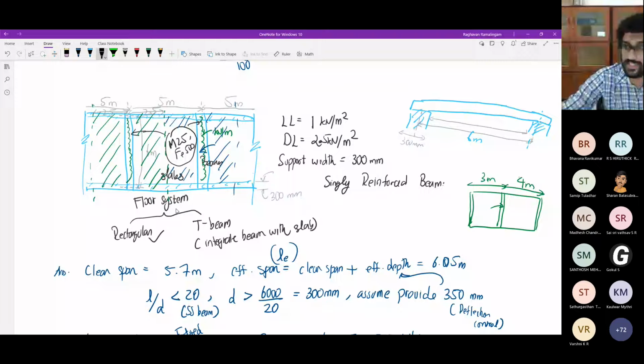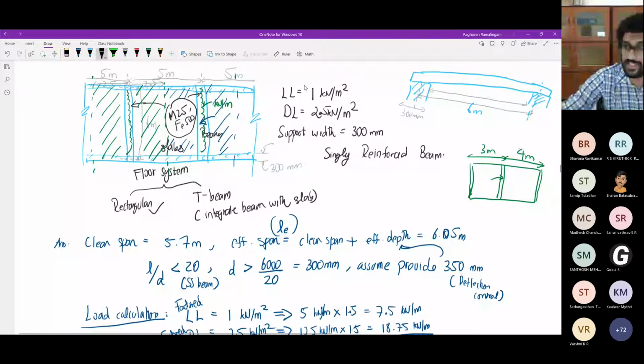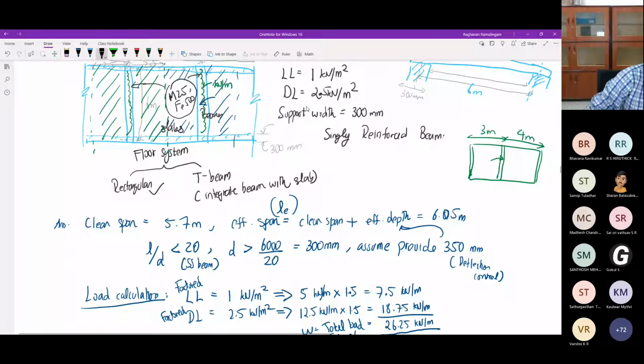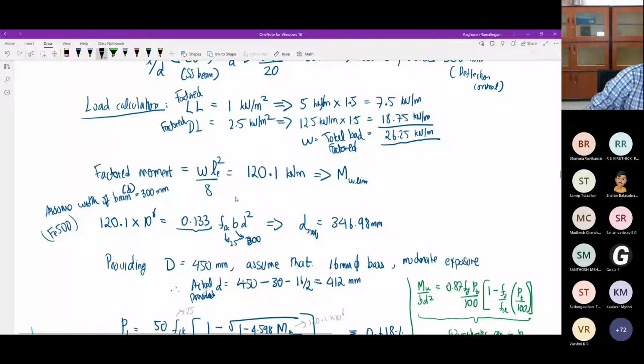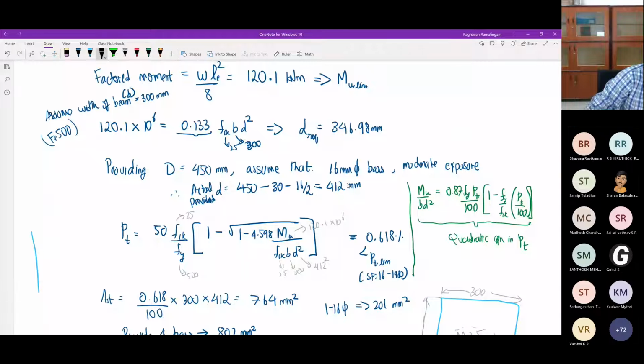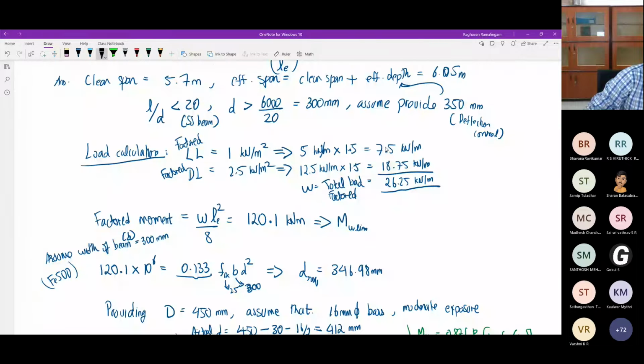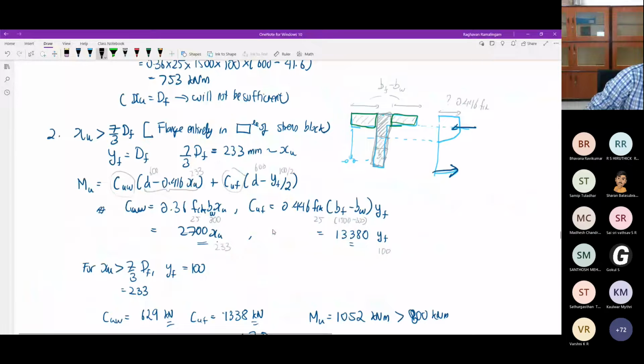Everything else is given. Grade of concrete and steel are M25 and Fe 500. So this is what is given to us.